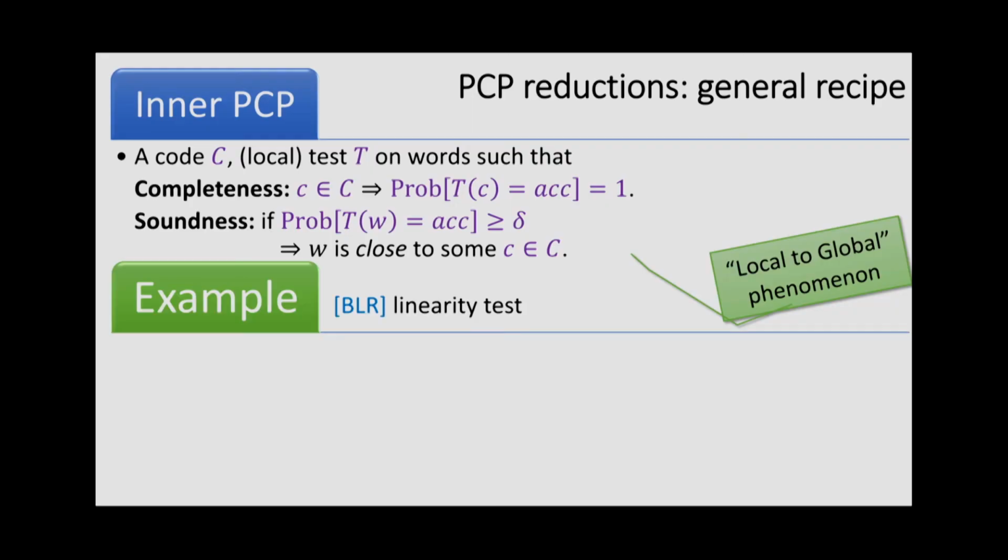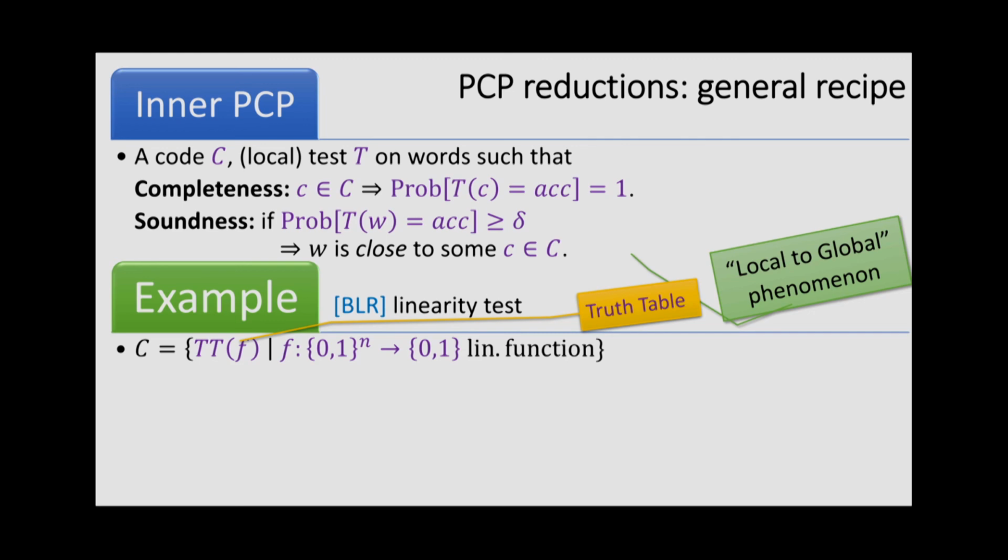So let's see one example, the most famous example probably. This is the Blum-Luby-Rubinfeld linearity test. The code is simply the collection of all truth tables of all linear functions from {0,1}^n to {0,1}. So what is the tester? Well, how do you check that a function is linear?